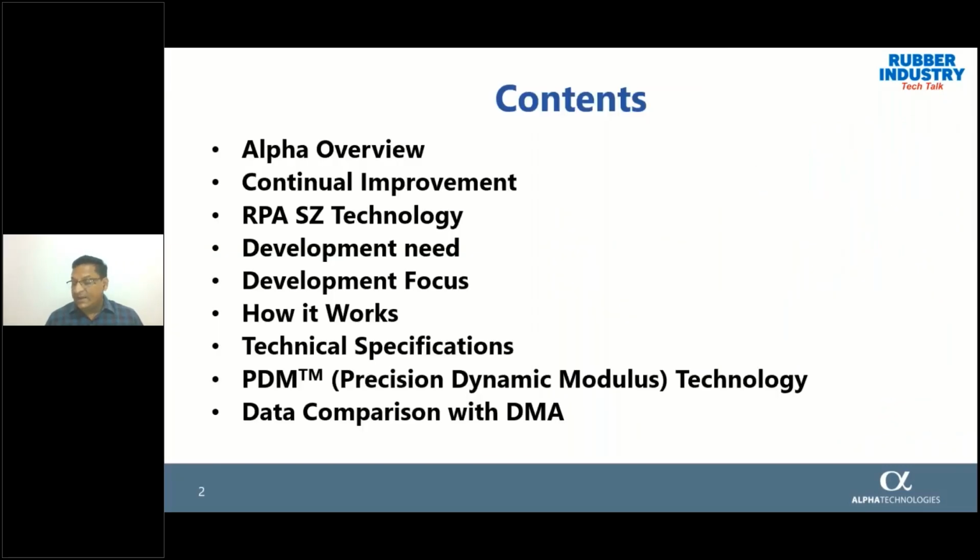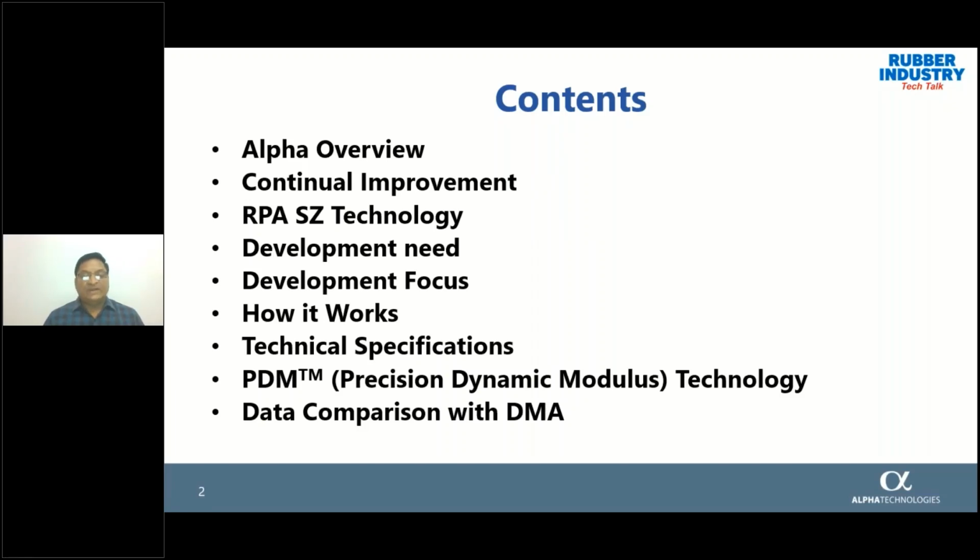So we will begin our journey with an overview of Alpha Technologies, followed by the continual improvement definition, then the RPA sub-zero technology development path, the development need and the development focus, then how sub-zero technology works and the technical specifications for the sub-zero technology, and the precision dynamic modulus technology.